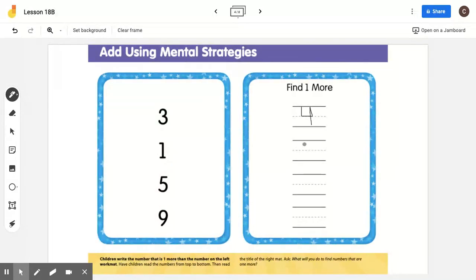Right, it would be 2. For the number 5, what will you do to find that number 1 more? Right, we would hop up 1, so 5 would be 6. And the last one right here, if we're at 9, 1 more would be 10. Very good.